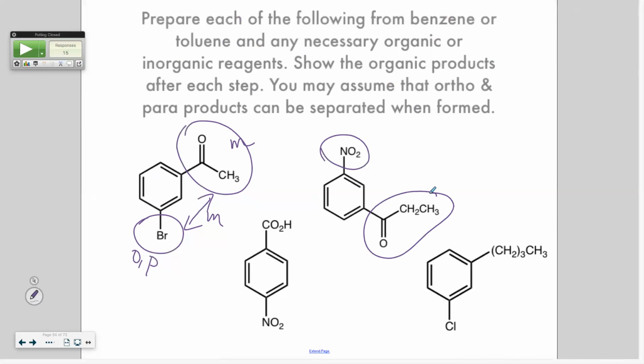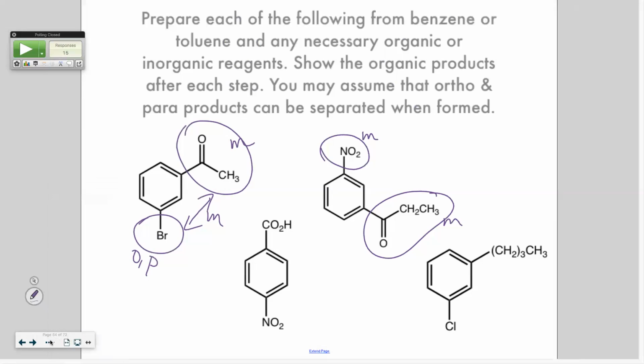Because it's a meta director. What about the nitro? It's a meta director too. How do you put this group on down here? What is the reaction? Friedel-Crafts acylation. Okay. Why do we have to do it first? Remember the limitations. It won't work on the nitro. That's why we went over those.